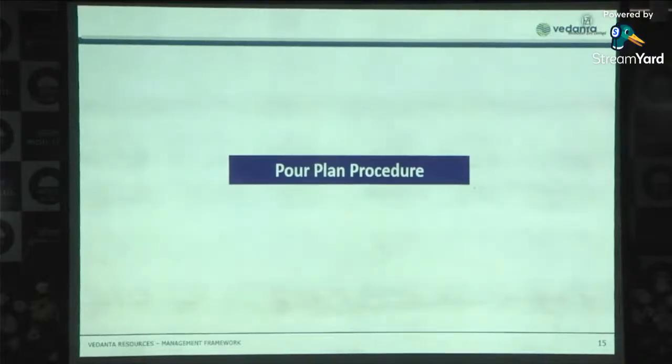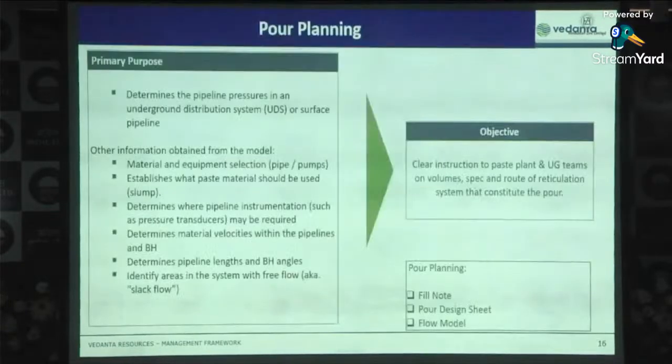If a paste fill line chokes, it will have a huge cost impact on the company. So it requires a very disciplined manner. For that, we are making the pour plan. In the pour plan, we are determining our underground distribution system, material, pipe, slump height. We have lots of measurements. First, we take all the measurements, then we send the paste fill into the mines.